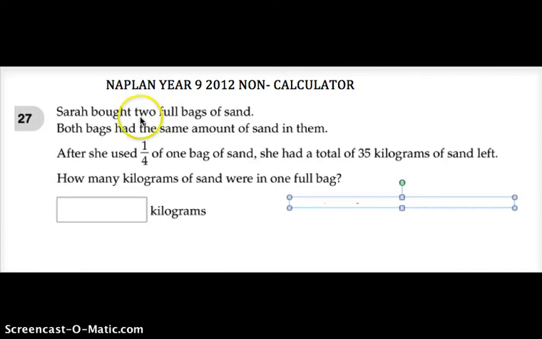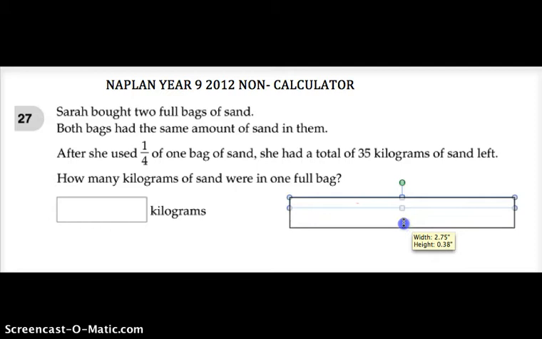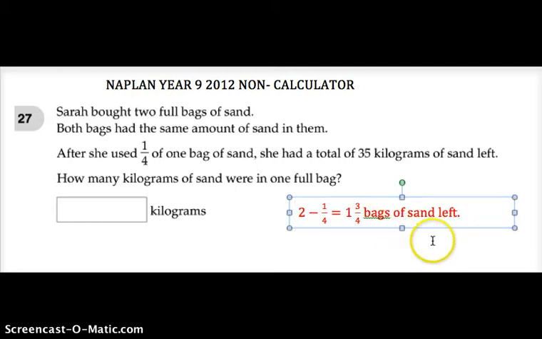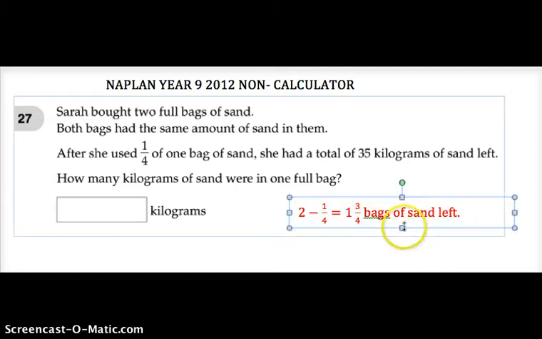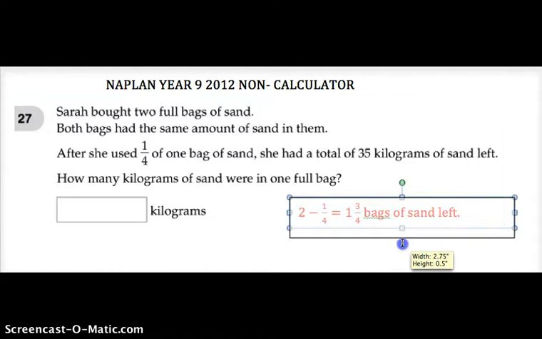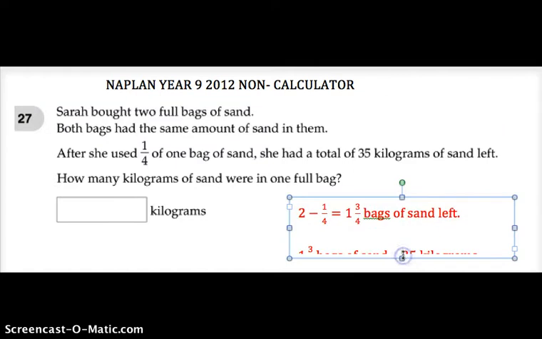Okay, now if we start off with 2 full bags of sand and then we use 1/4 of a bag of sand, then we will have 2 minus 1/4, which is 1 3/4 bags of sand left. Then we know that that 1 3/4 bags of sand is equal to 35 kilograms.